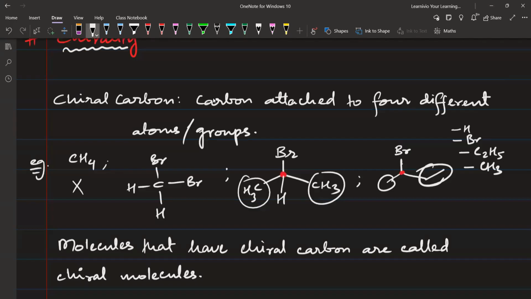Although, if you have two chiral carbon atoms, then the chirality may be cancelled and they will be achiral, but we are not going to go into that much detail, and it is not even required. So a molecule may have multiple carbon atoms. If any one of the carbon atoms is attached with four different groups, then the molecule itself is a chiral molecule. Okay? Write this down, raise your hand if you're done.